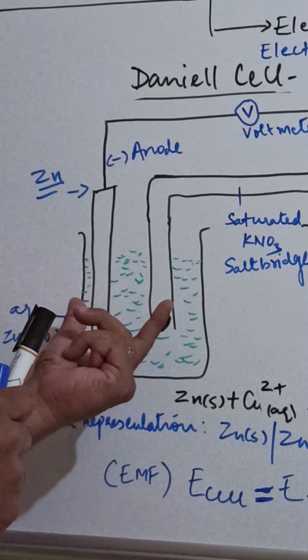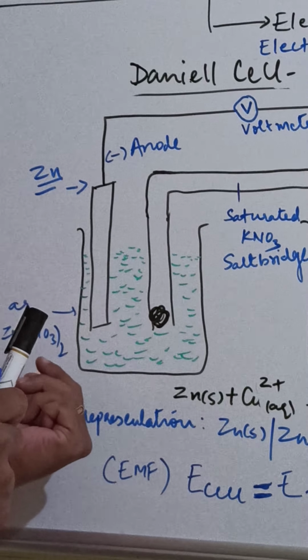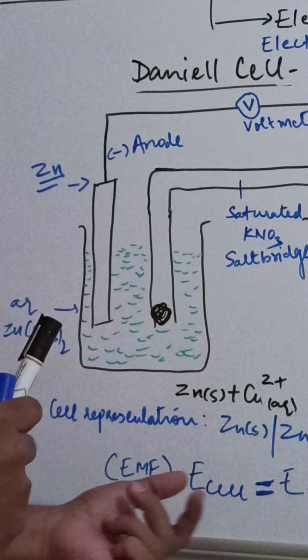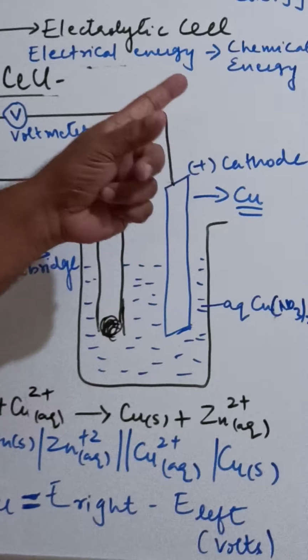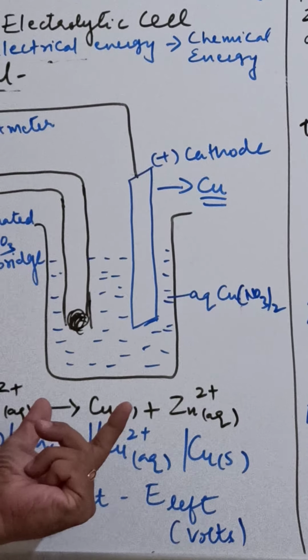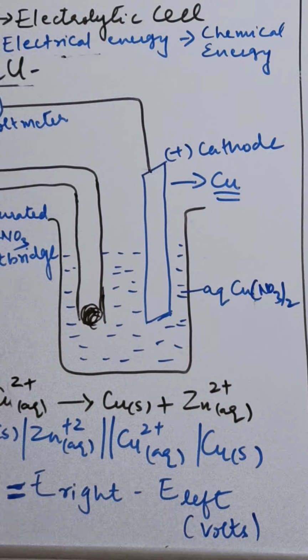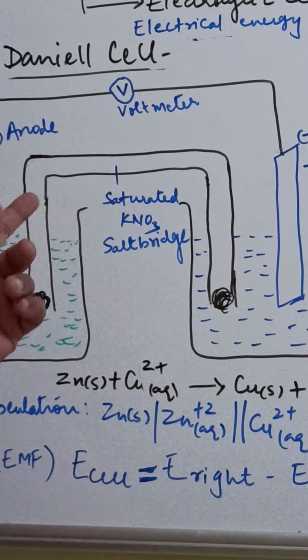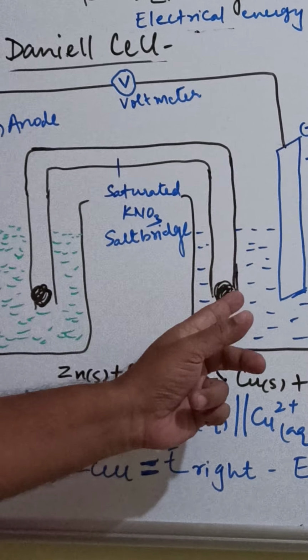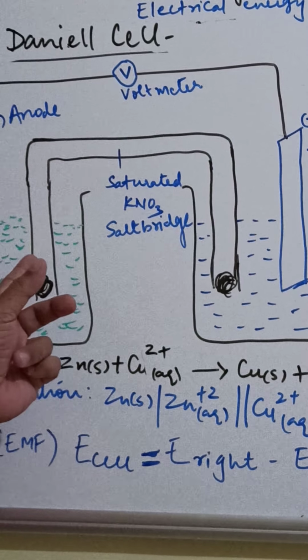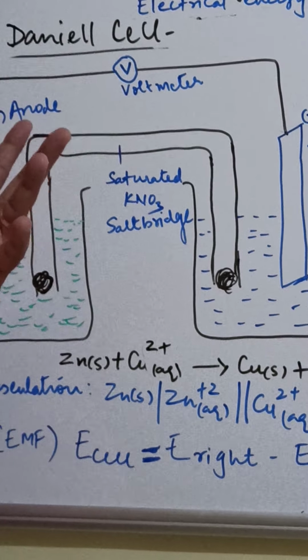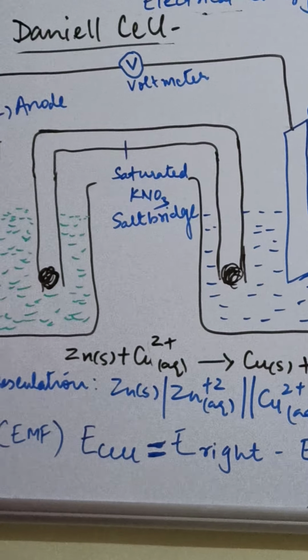The corresponding salt solution of zinc, that is zinc nitrate, is added. It is aqueous solution. Similarly for copper, which is acting as cathode, corresponding salt solution, that is copper nitrate, is added into it. To maintain the electrical neutrality, we are having the construction of salt bridge. Now the main function of salt bridge I will discuss later.